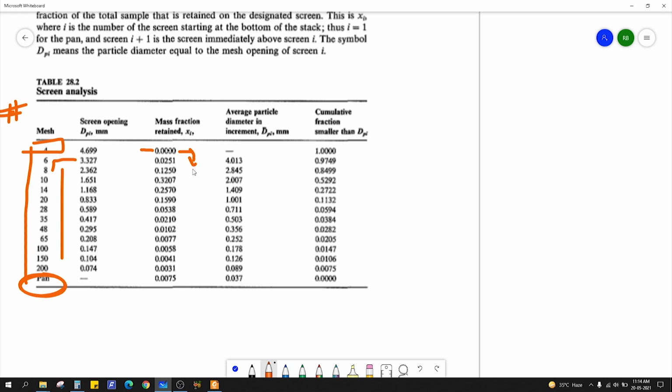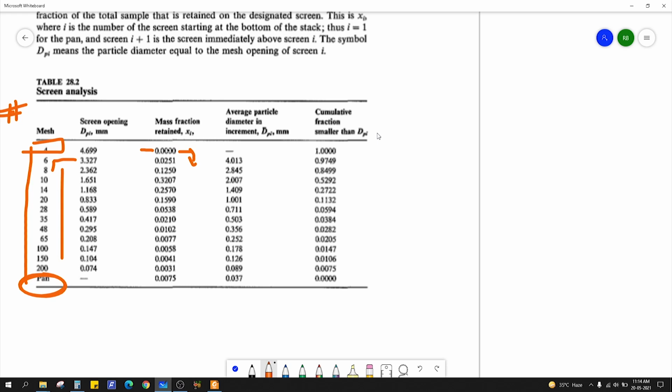Okay, so if you ask me how to calculate the mass fraction, you can simply use a weighing balance. How? Firstly you have a mixture of particles, right? You just weigh the total mass. Then you do the screen analysis. You put the whole mixture on the top and shake it, and after the shaking process, the particles will be collected on different meshes according to their sizes, right?